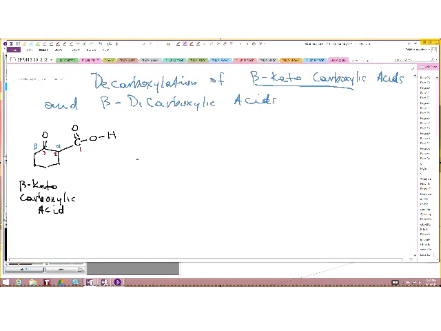Now what will happen here? If you take this molecule and apply heat, using this symbol here for heat, what happens? You take away the carboxylic acid. Let me take these numbers out so we don't confuse ourselves.